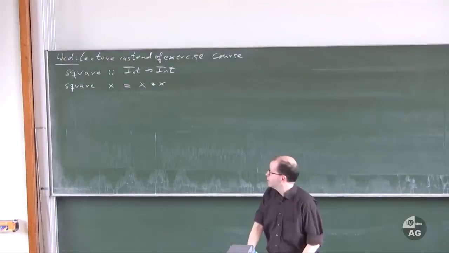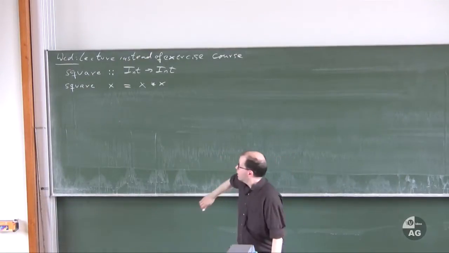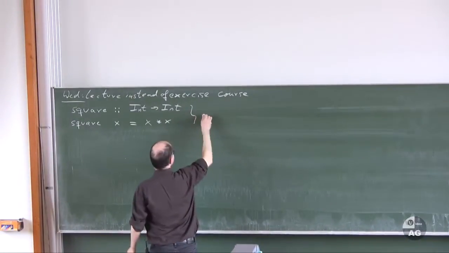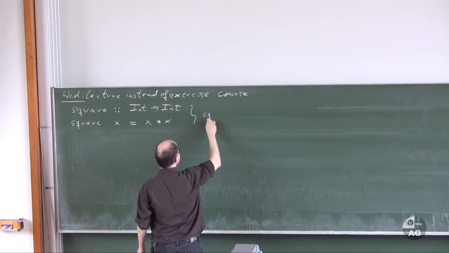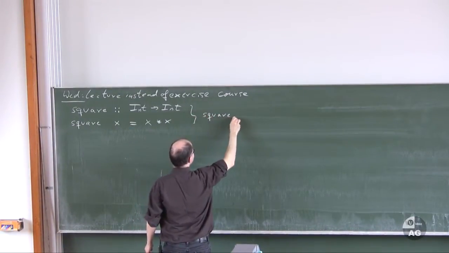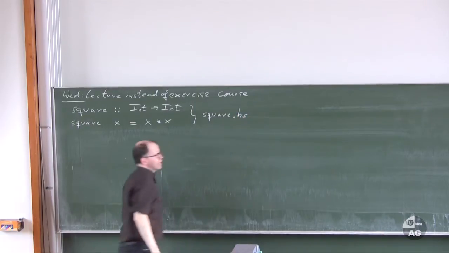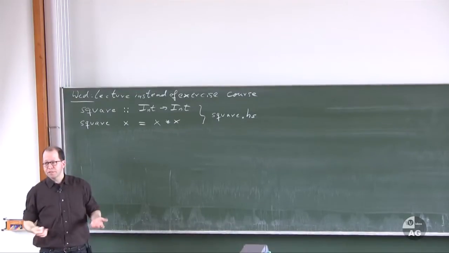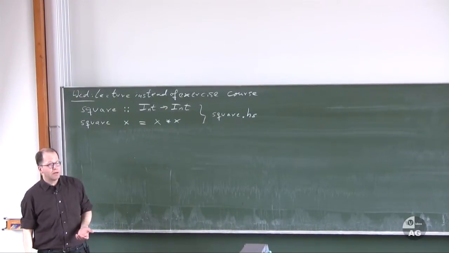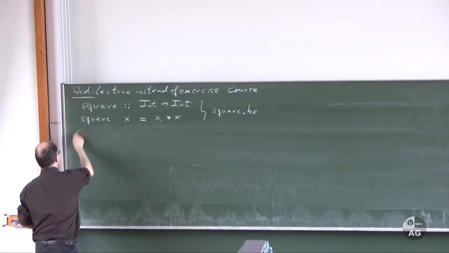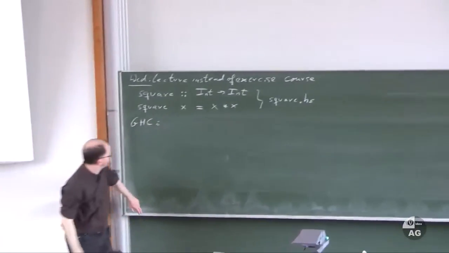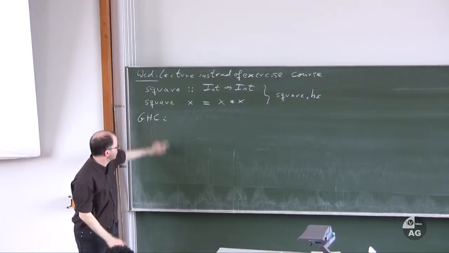Okay, so this is what we had in the last lecture. You can type this in and save this in some file called square.hs for Haskell, and then you can try to execute this program. You can start your favorite Haskell compiler or interpreter, and our favorite is GHC, the Glasgow Haskell Compiler, in its interactive mode.